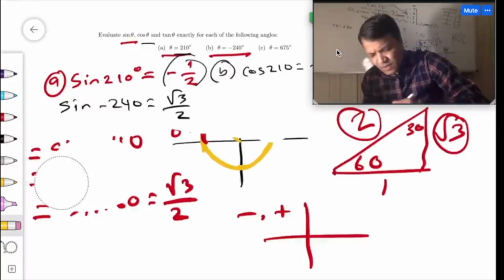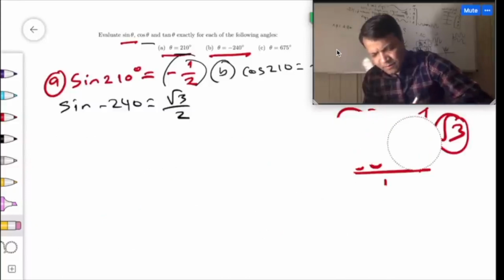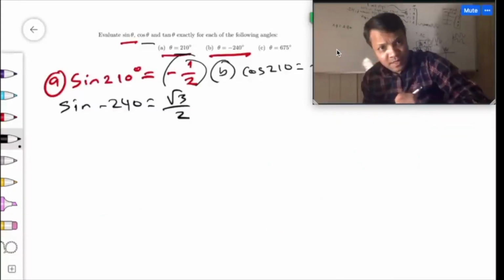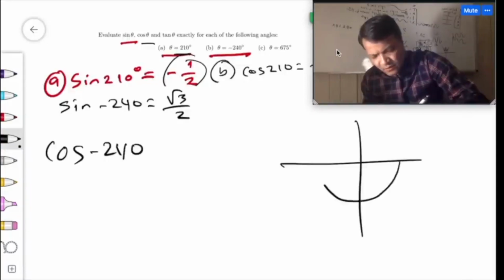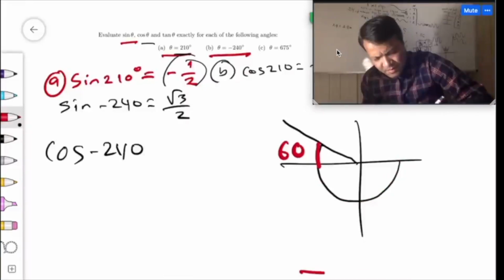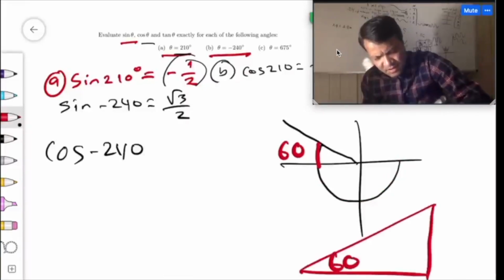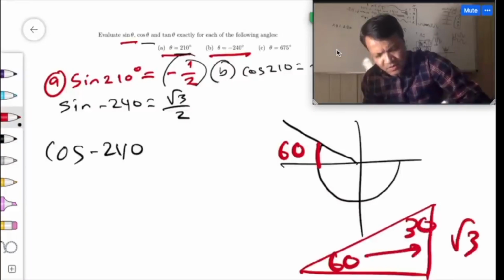Now you're going to do cosine negative 240. Again 240 is right here, so this is negative 240, and this one is 60, and this is 30. Opposite to the 60 is root 3, opposite to the 30 is 1, opposite to the 90 is 2.